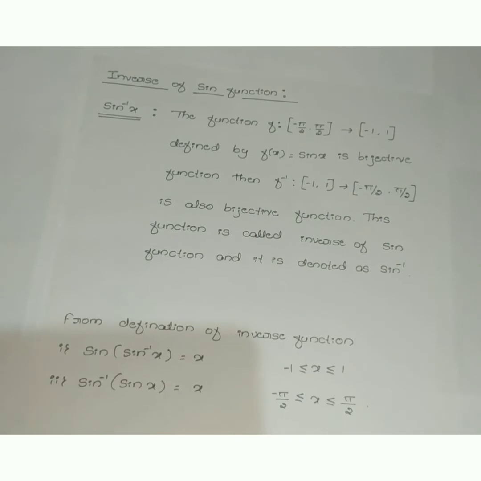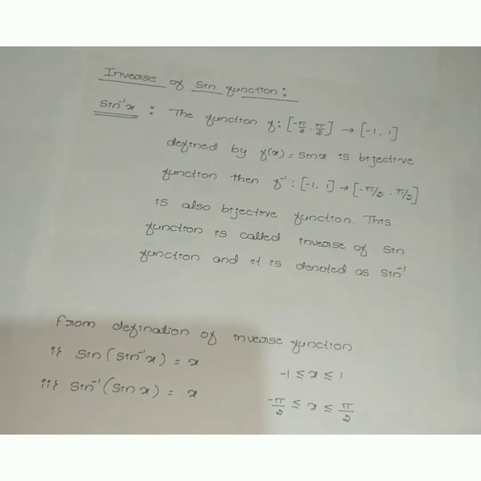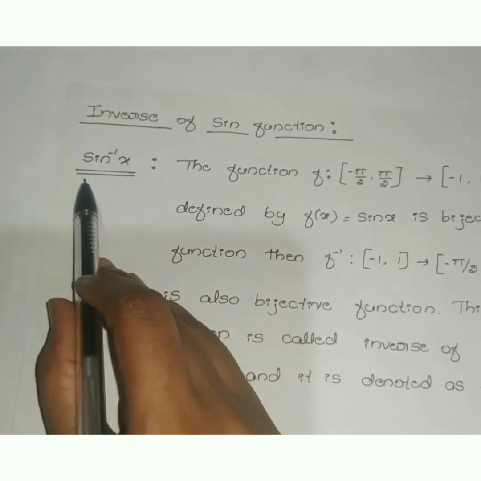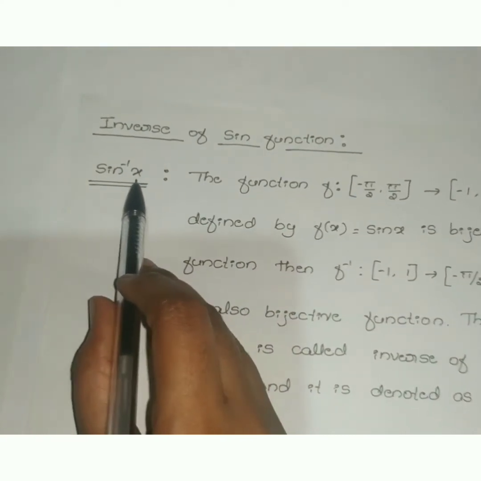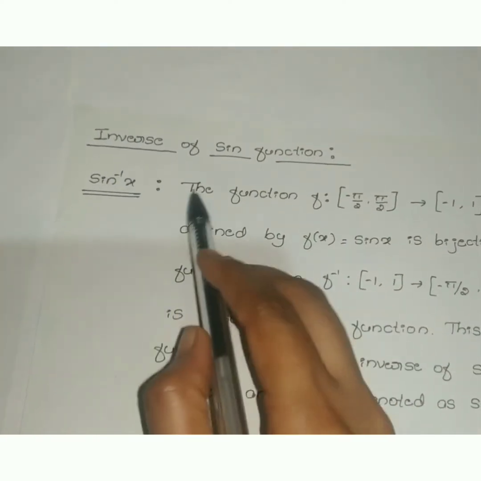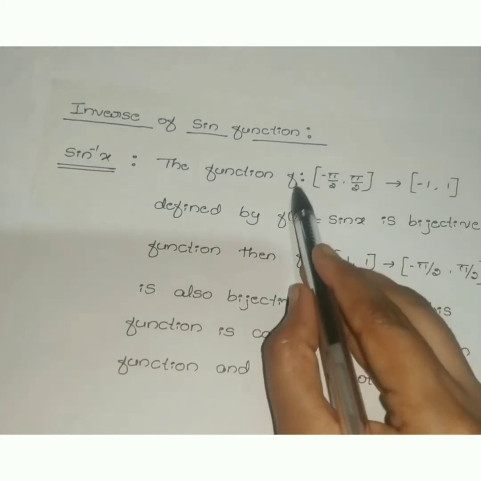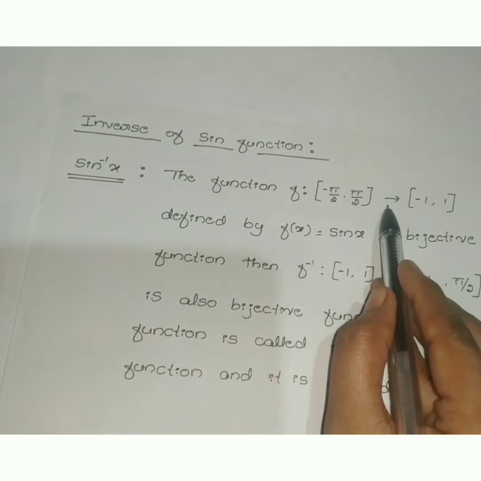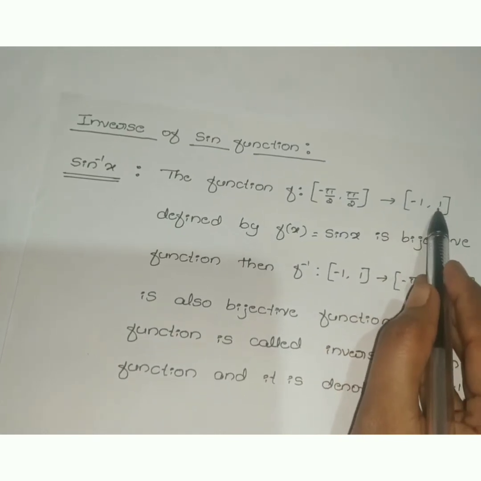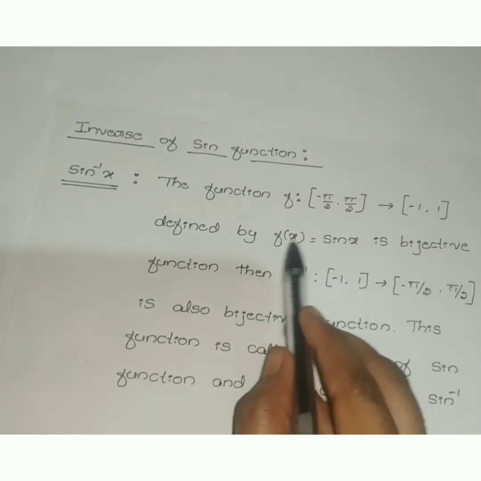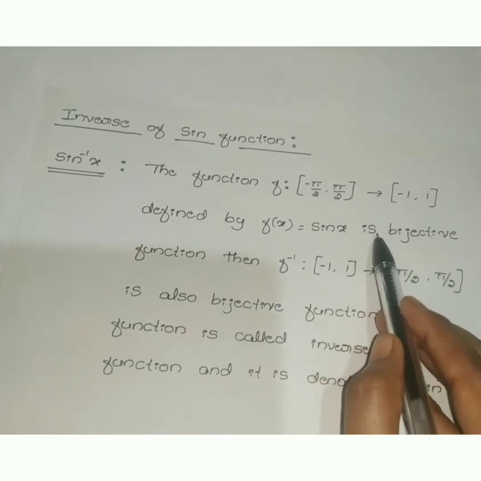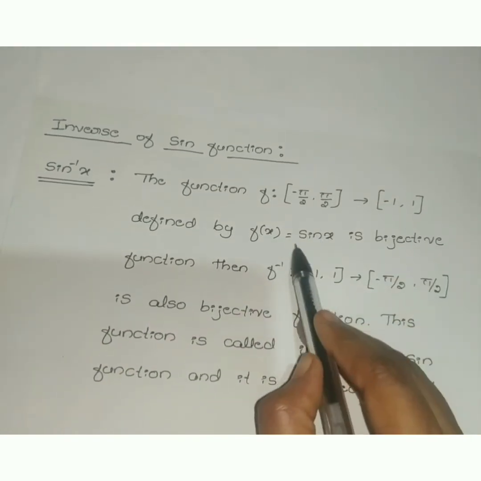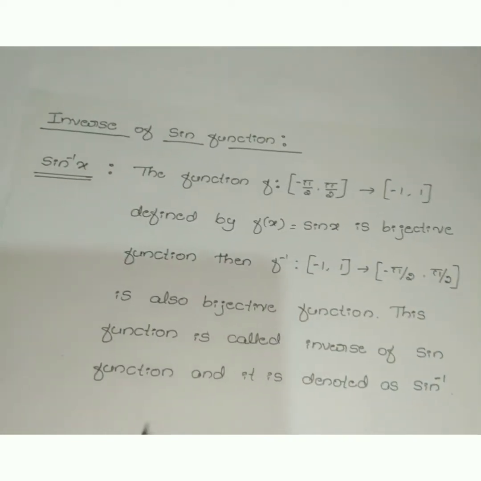So then definition of the inverse of sine function. Inverse of sine function, sine inverse x, x means angle. The function f mapping from closed interval minus pi by 2 to pi by 2 to the closed interval minus 1 to 1, defined by f of x equal to sine x is a bijective function. In this domain and range value, sine function is bijective.